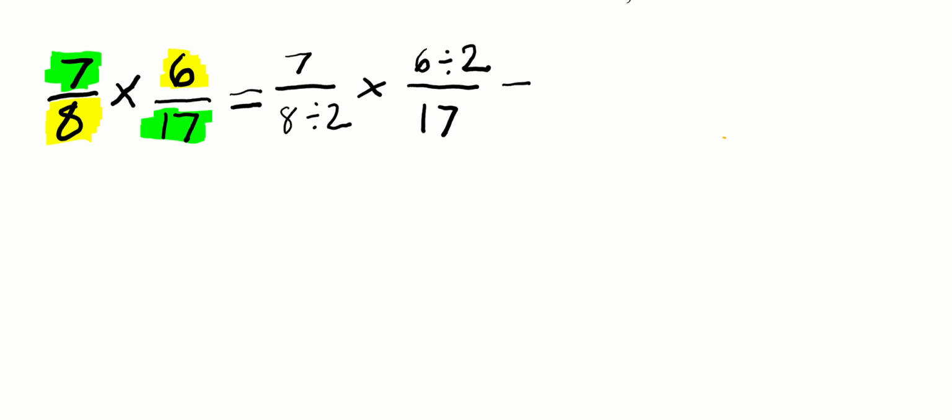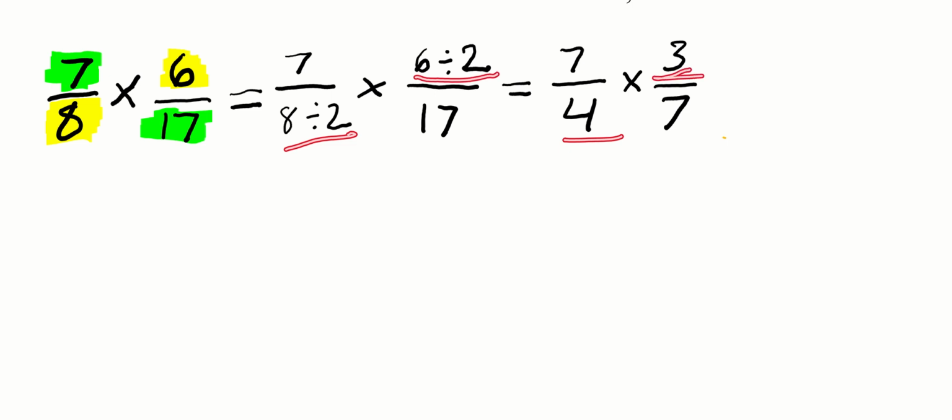We can rewrite this, of course. So now we see 8 divided by 2 is equal to 4. 6 divided by 2 is equal to 3. And we forgot the one at 17.